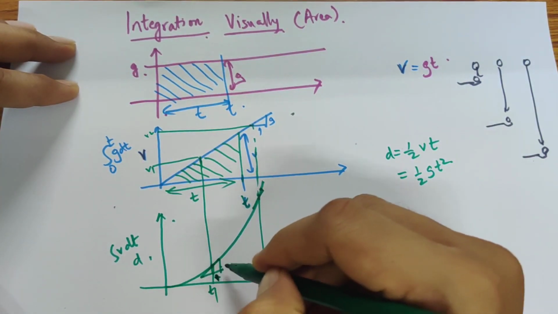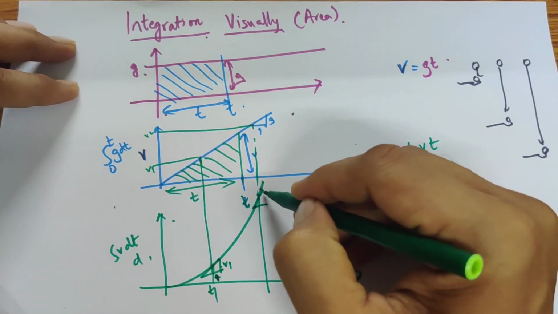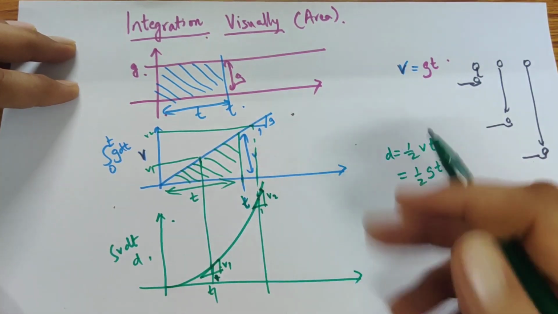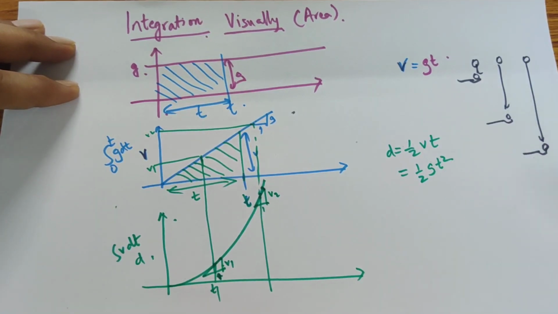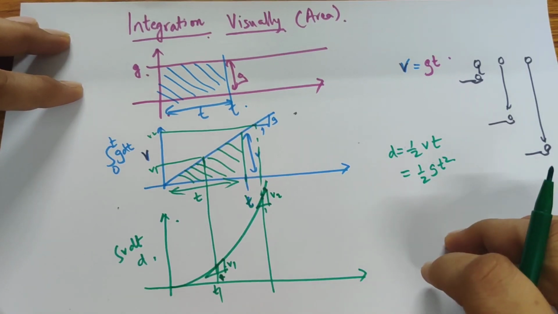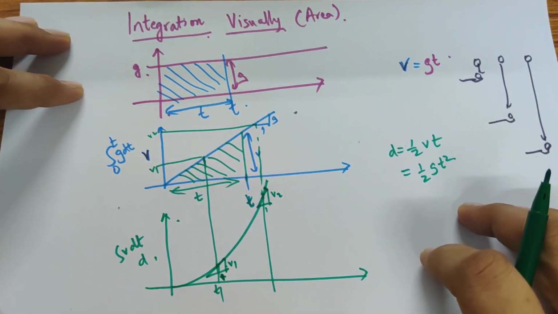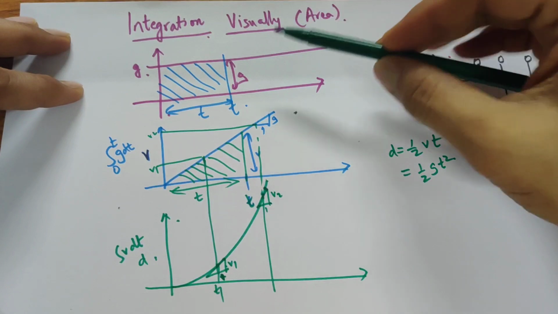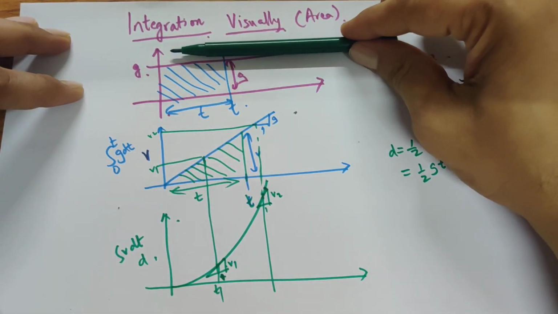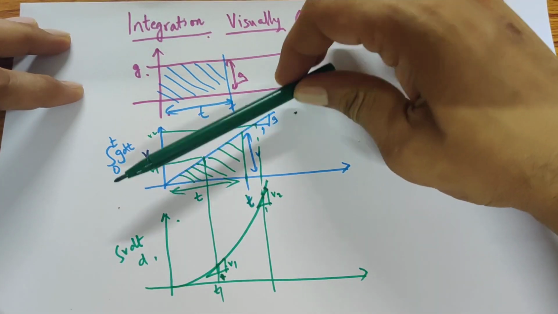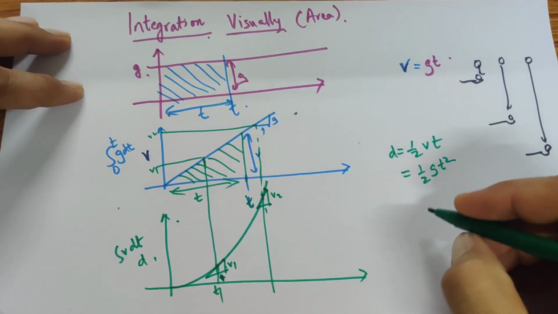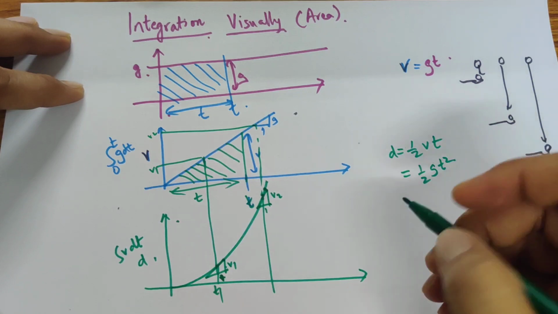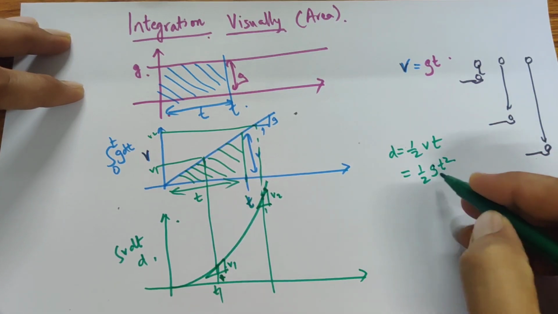One step here will give me v1, one step here will give me v2. So the speed is constantly increasing, which means the distance I cover every second is constantly increasing. This is an object under constant acceleration. It is also how the integration of a constant becomes linear, and the linear becomes a quadratic. And this is what gives us all the formulas of distance related to gravity.